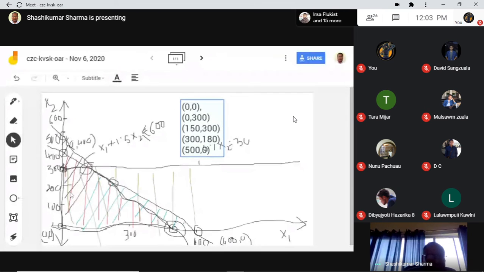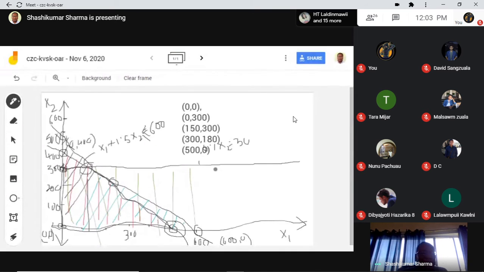If you see, when you draw a dotted line from here, it will come up to around 150. This is 100, so 150, and 300. Similarly, as you go up more, here what you will get is around 180. So what you have is around 300 and around 180. This line is not coming out clearly. So these are the coordinates.